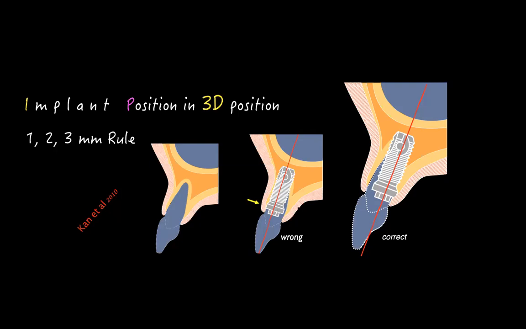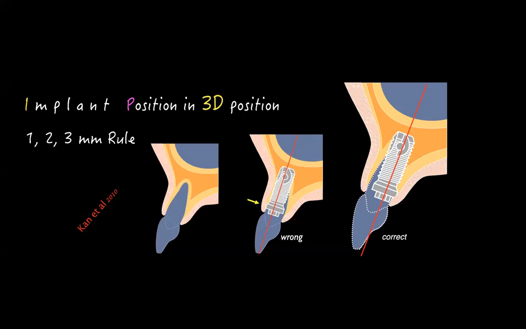Buccolingually, it should be like this picture, 2 millimeter lingually than what the tooth used to be, okay? And then as far as the depth, which is the coronal apical position of the implant, it's 3 millimeter depth from the CEJ. Okay, thank you.